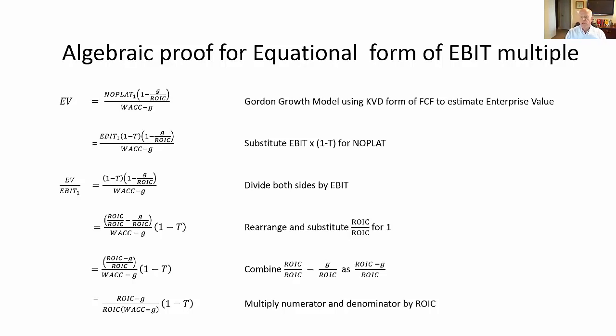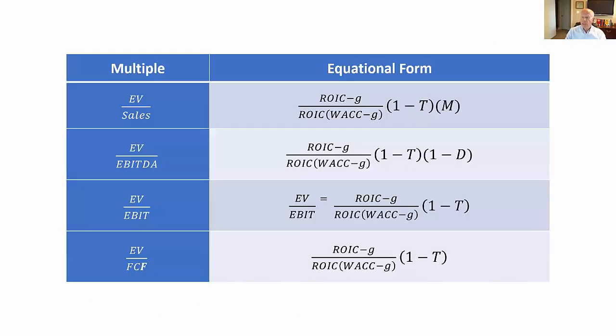So we start with this concept of enterprise value, or continuing value, if you will, equal to NOPLAT times 1 minus G divided by ROIC, and all of that divided by WACC minus G. Well, that's a Gordon growth model using the KVD form of free cash flow. So that's where we start when we're trying to put together the algebraic form of these multiples.